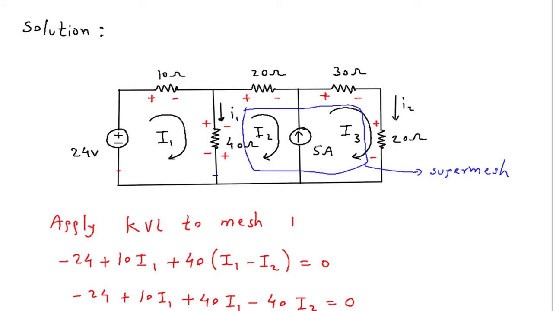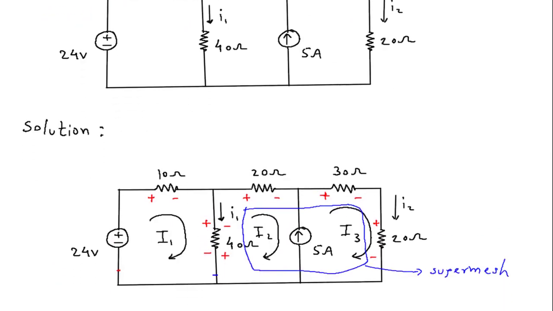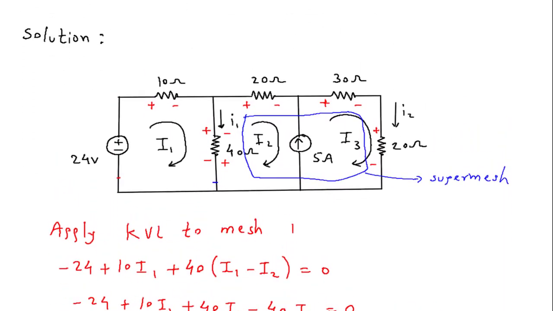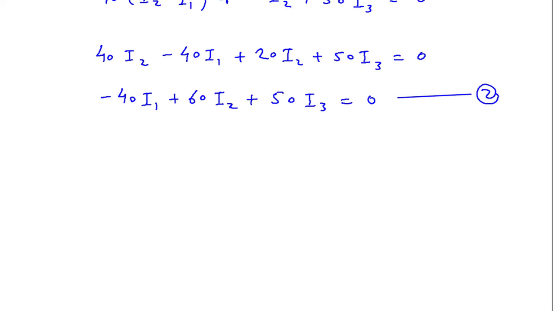Now let's assume this is node number 1. This is current I2, this is current I3. Now we will apply KCL at node 1.